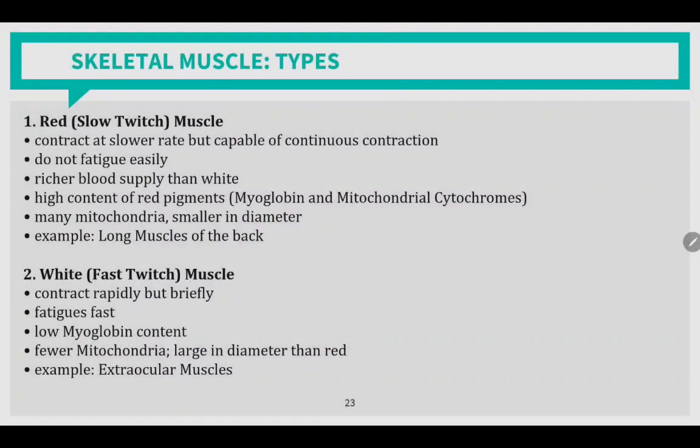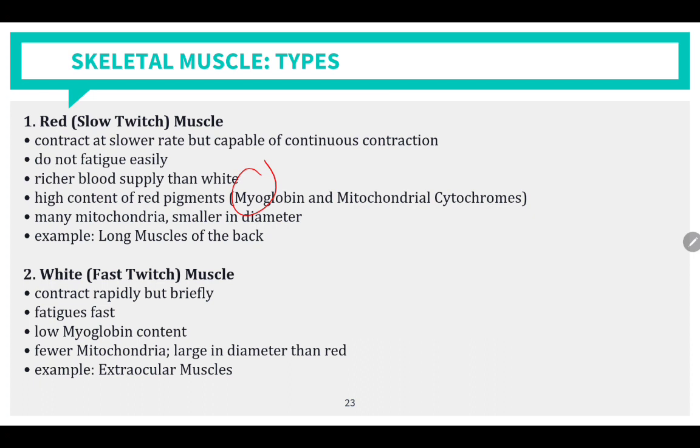We have different skeletal muscle types, the red and the white. The red is the slow twitch muscle. It contracts at a slower rate but is capable of continuous contraction, so it does not fatigue easily. It is richer in blood supply than white and has a high content of red pigments such as myoglobin, where myo means muscle, and mitochondrial cytochromes.